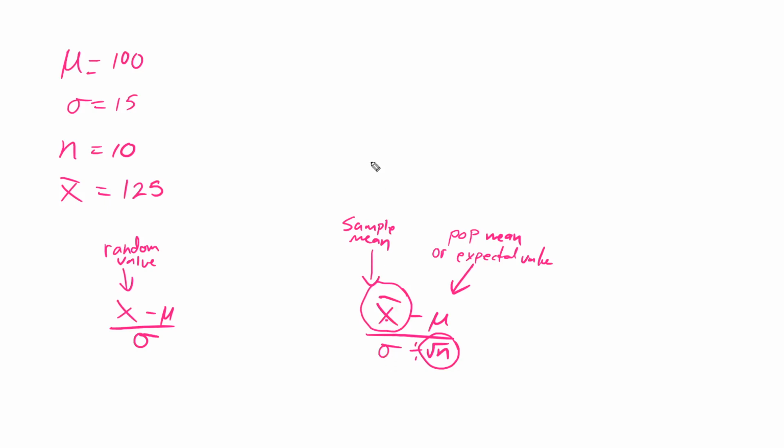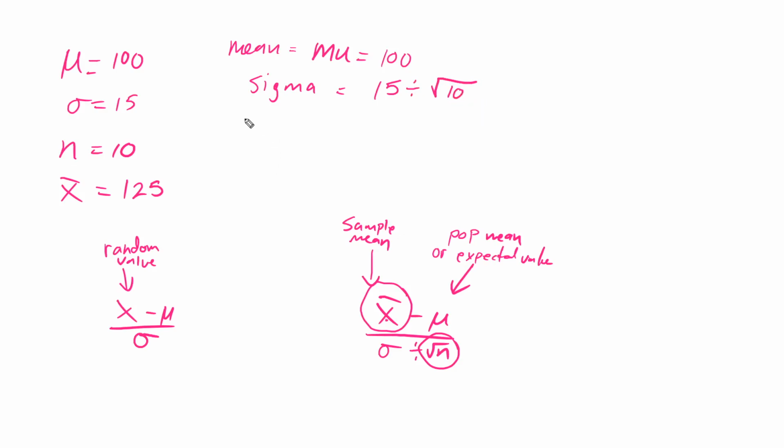All right. So what you're going to put in your calculator is this. You're going to have mean equals mu, equals 100. Sigma equals 15, but this is the extra part you're going to add in: divided by the square root of 10.